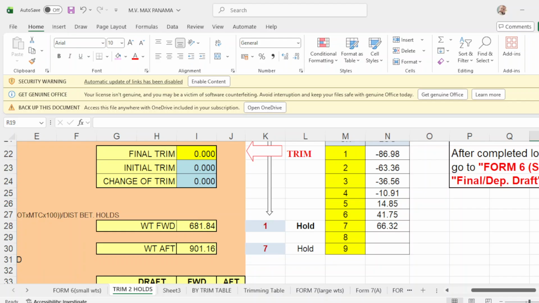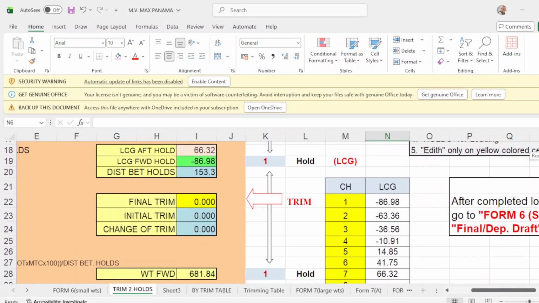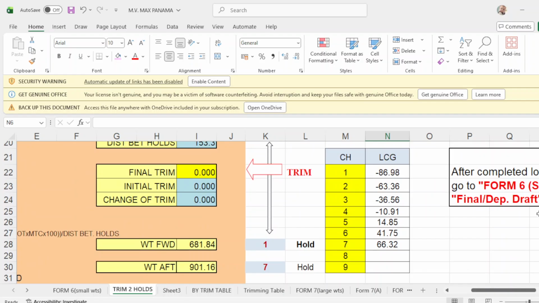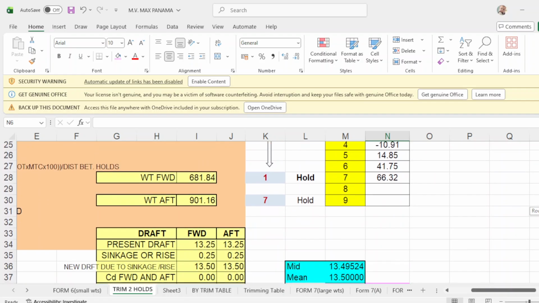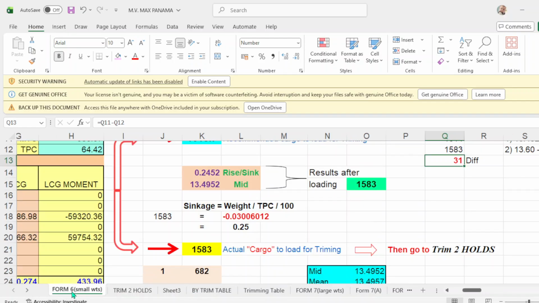Okay, put here 682, and number 7 is 901, and your departure drop is, okay, that's exactly 1350.